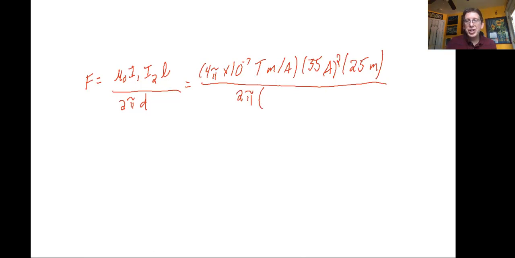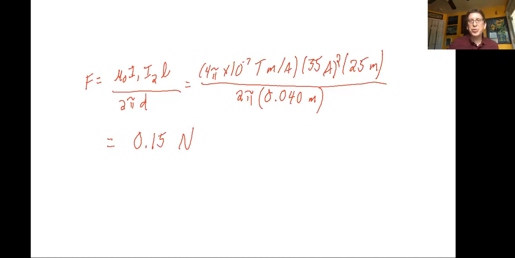And d is 4.0 centimeters, that's 0.040 meters. You want to keep everything in SI units so that your answer is in SI units, which in this case are newtons. So that's 2 times 10 to the negative 7 times 35 squared times 25 divided by 0.04. You get a force of 0.15 newtons. Not necessarily large, but you would probably notice it.